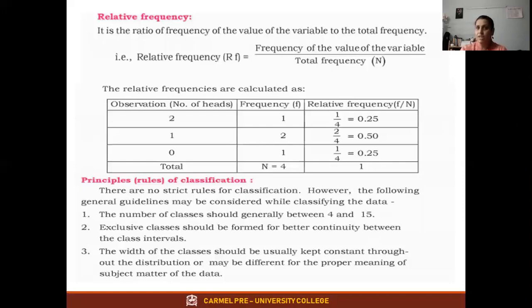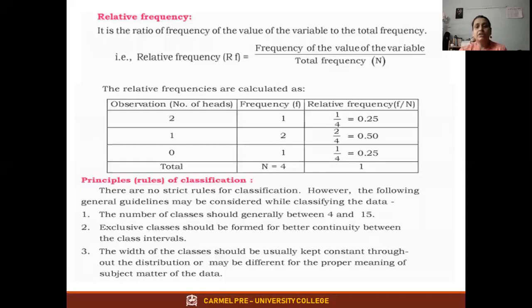We had two types of class intervals, inclusive and exclusive. Which is the better one? You have to always choose the exclusive type. Remember, one is the number of classes, the other is which type of class interval.